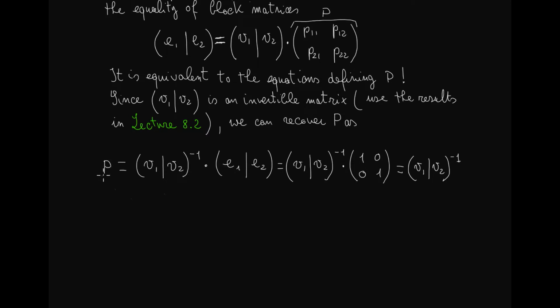Therefore, we get that P equals the inverse of the matrix with the columns V1 and V2 times the identity matrix, because the matrix that has as first column 1, 0 and second column 0, 1 is the identity matrix. We have the equality here that P equals the inverse matrix of V1, V2.